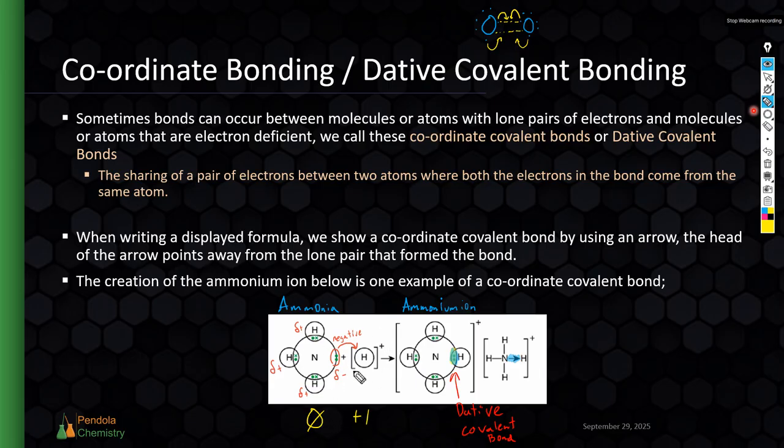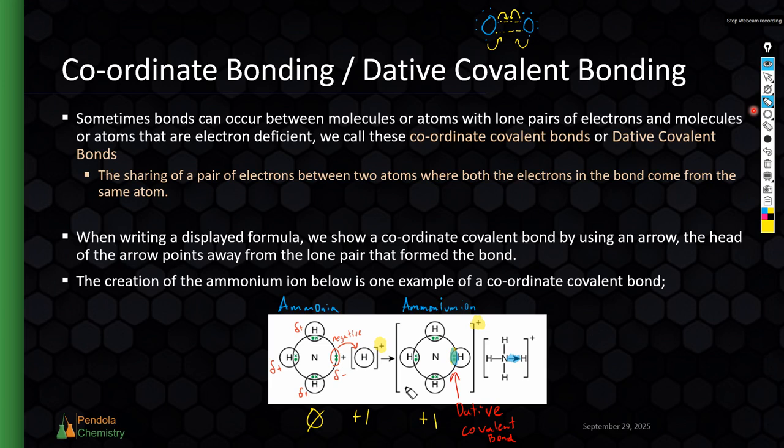Meaning that if this is 0 and this is +1, 0 + 1 means that the new compound we create has to still have that +1 charge. That +1 charge didn't get canceled out by anything. It's still there, and so we need to keep it in that compound, or in this case, a polyatomic ion that we're making. That's why when we look at the ammonium, that ammonium has a +1 charge. That's a +1 charge that it inherited from this hydrogen ion, since the ammonia was neutral and nothing canceled out that +1 charge. All right?